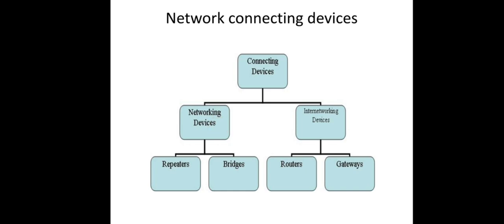And if those devices are used to interconnect two different networks, in that case we call them internetworking devices. So within a network we are using different connecting devices like repeaters, bridges, etc. to connect different parts of a network, whereas two different networks are interconnected using internetworking devices like routers, gateways, etc.